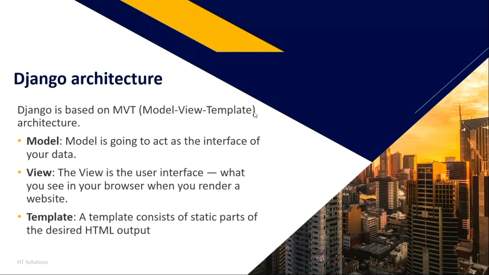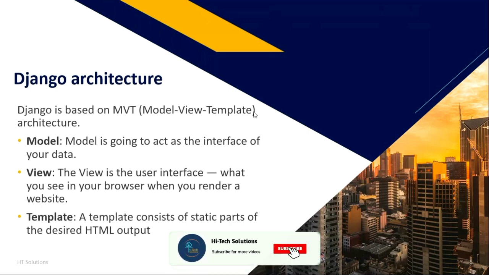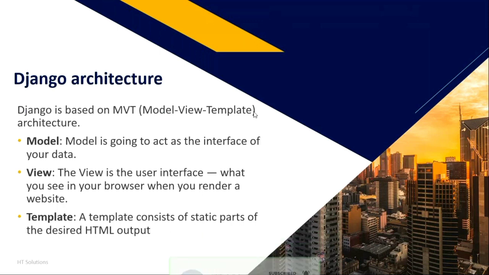So it acts like a logical data structure. Next is view. What is meant by view? View is the user interface, what you see in your browser when you render your website. It is represented by any front end. We can take HTML, CSS, JavaScript, and Jinja files.